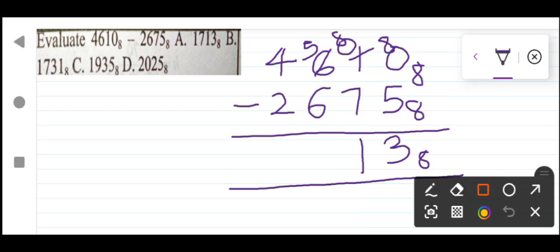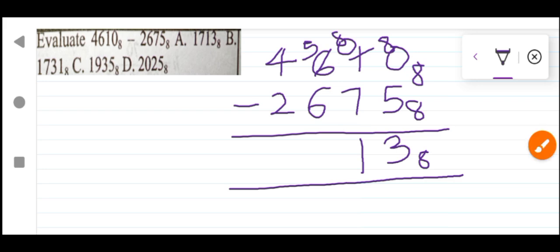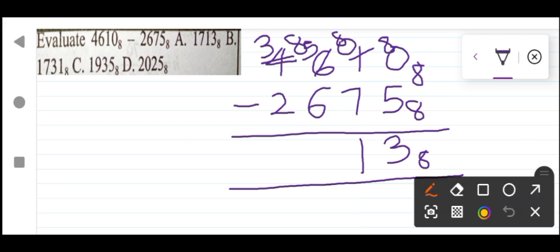And then we go for the next, which is 5 minus 6. And this is impossible, right? So we borrow from 4. And we have this to be 3. Why this is 8 over here. So we now have 8 plus 5, that is 13.